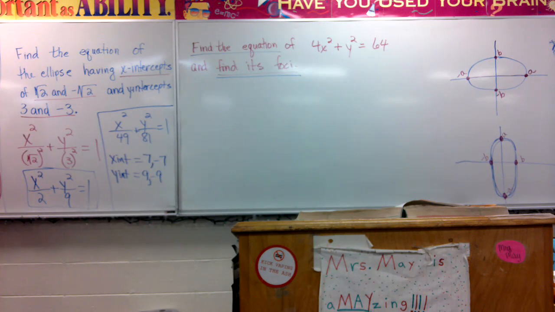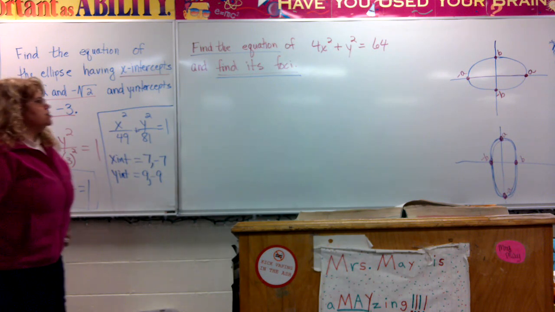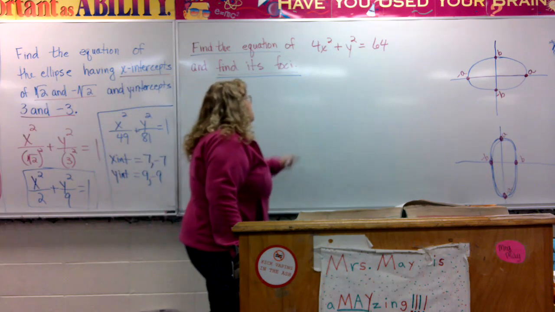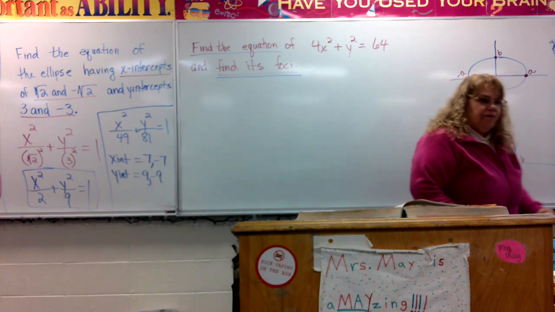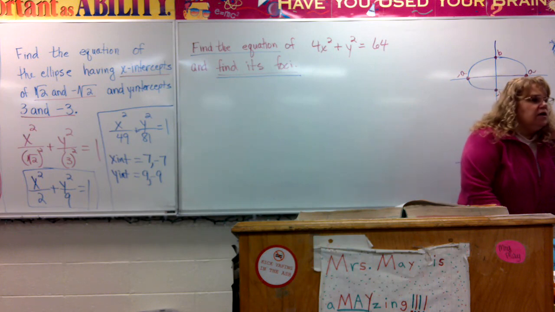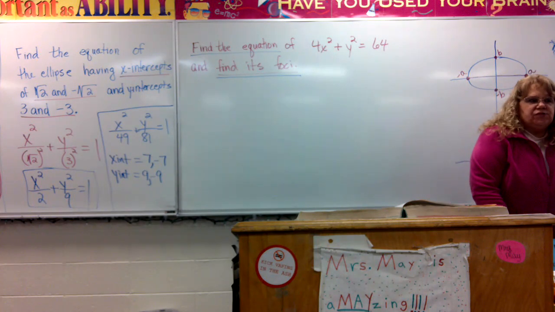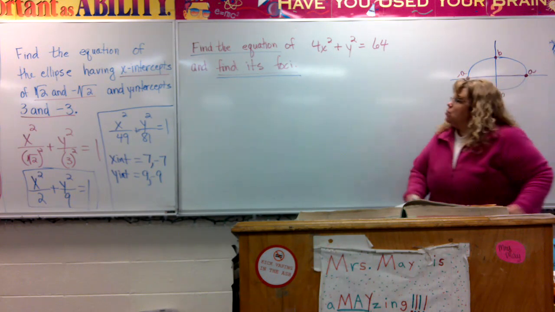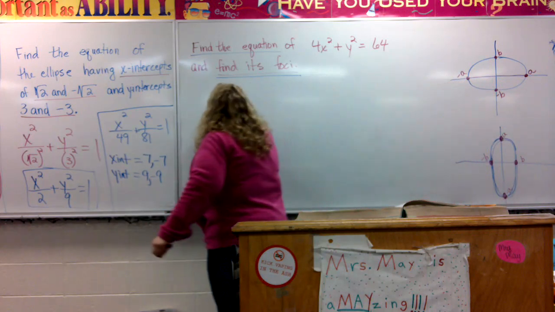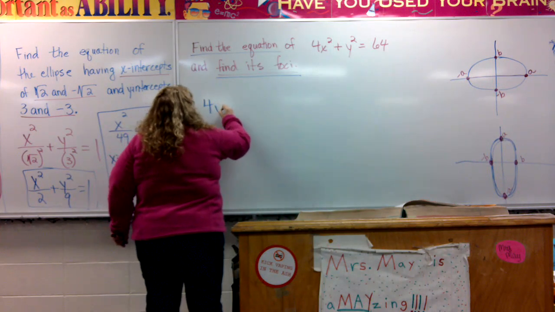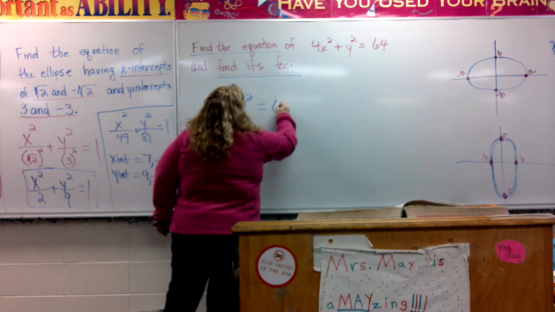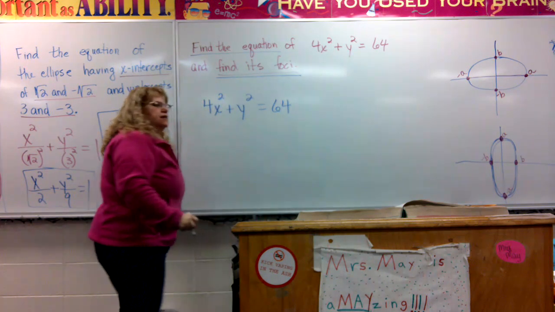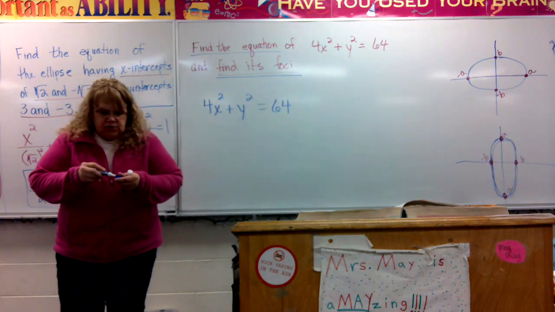Anybody with questions? Well, then the other part, they give you something and they ask you to write it in the correct form for the equation of an ellipse. So that means you have to take this thing and you have to get it to look like the equation for an ellipse.